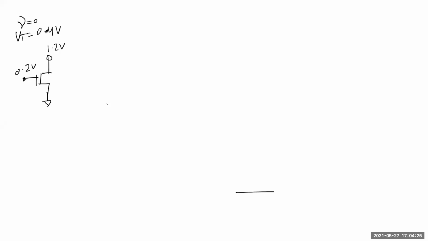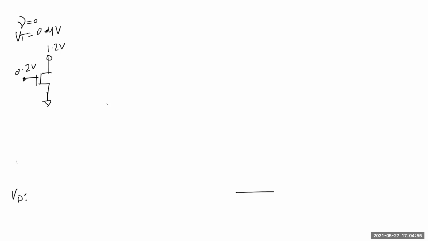Okay, so looks like you guys, I thought you'd absorb it pretty well. Can somebody tell me what are the 2 conditions you need for it to be in saturation? You guys are all giving me 1 condition, but you need 2. What are the 2 conditions? Both the VDS and VGS should be less than the gate voltage.